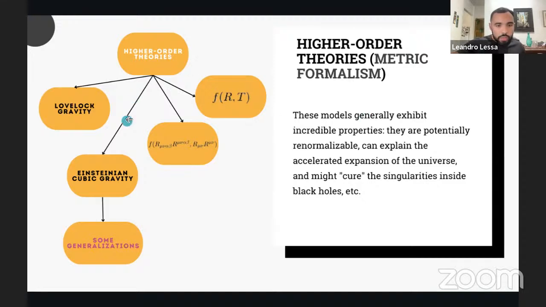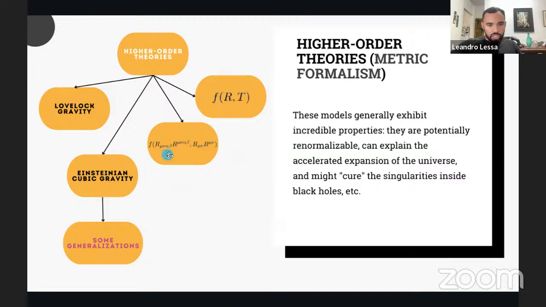Here are some possibilities for this kind of higher order theory, like Lovelock gravity. This is very famous because the theory introduces new invariants beyond the Einstein-Hilbert term, and new dimensions as well. But probably the most famous one is f(R) gravity. You can construct new invariants instead of the Ricci scalar.